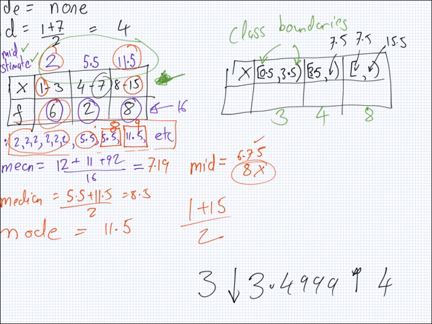The lower class boundary for the middle entry is... Good. And the upper class boundary for the middle entry? 7.5. Good. And the class width for the middle entry? 4. Good. You know these words now?